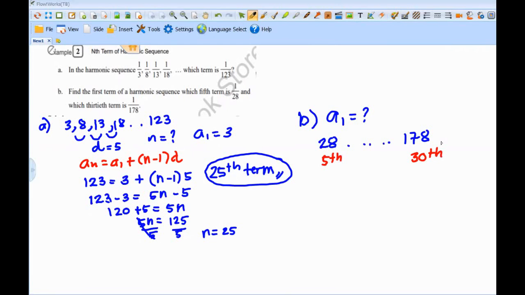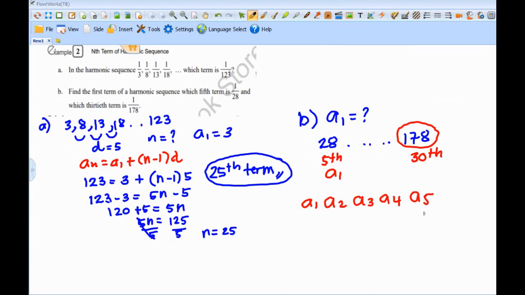Okay? So if you will consider the fifth term as a sub 1, what would be the position of the 30th? We will move 5 backwards, right? So we will be writing here, the 28 will be going there, a sub 1, a sub 2, a sub 3, a sub 4, a sub 5.